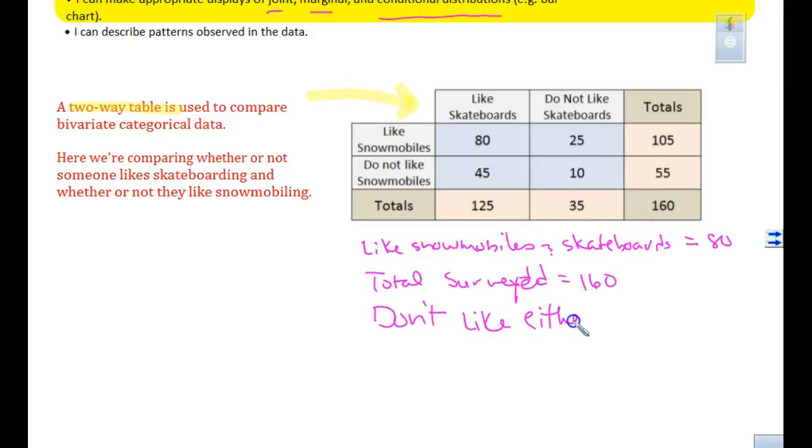Our don't like either category is we're going down and we have these. And now what usually is going to happen, and as we watch this video you're going to see, is they're going to give you in a table some information, and they will usually give you like 4 categories, or 4 of these to fill in, and then you'll fill in the rest.